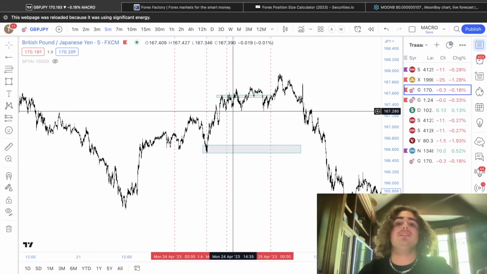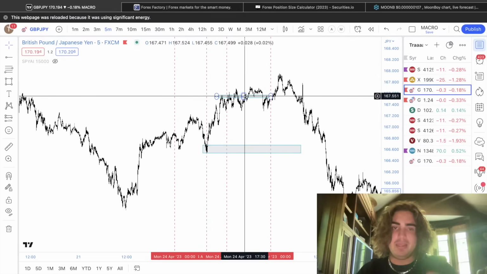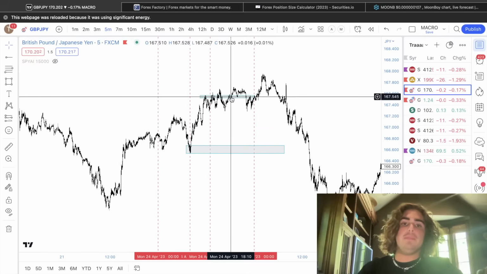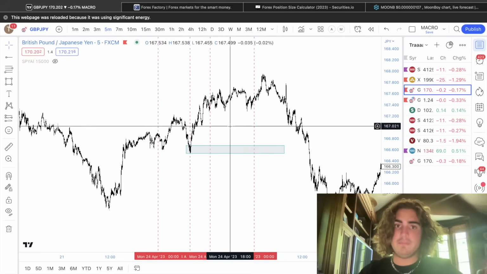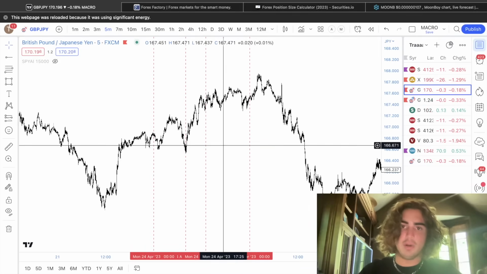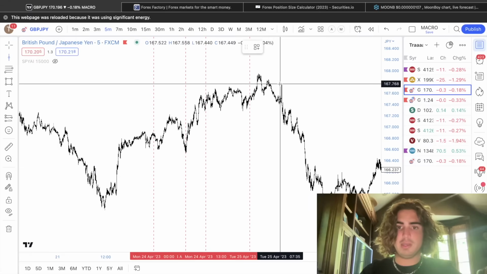Let's use our brain, let's understand where the market wants to go, and then take a trade based off of that, not just, oh, the strategy says this, so we're going to do that. Anyways, that would have been a loss, but still, execution, the exact same. You go on the 30-minute, you mark out those highs, you mark out those lows, and then you're good to go. Okay, let's see if we can get another London session in here.